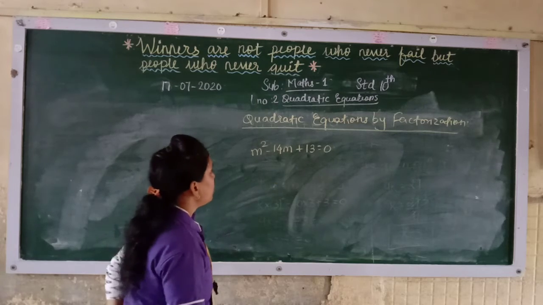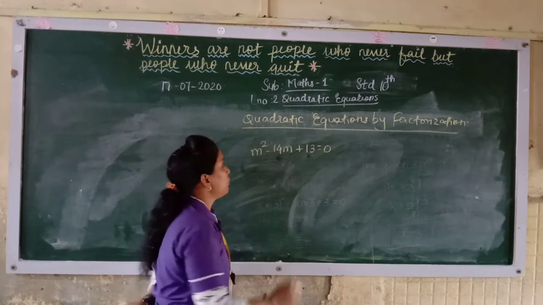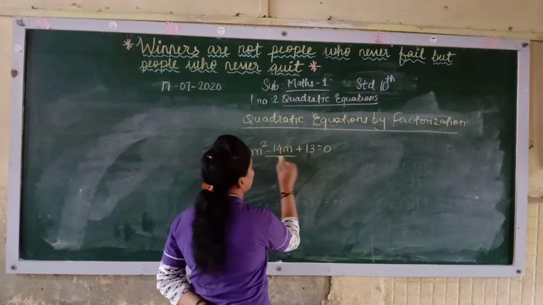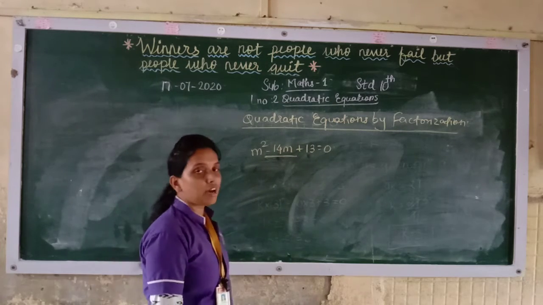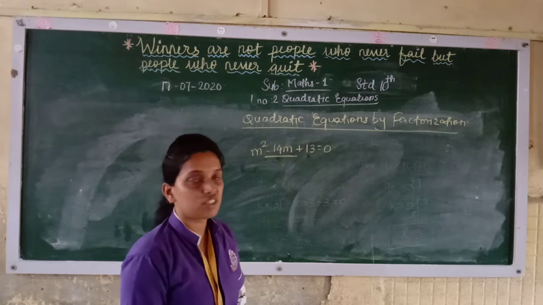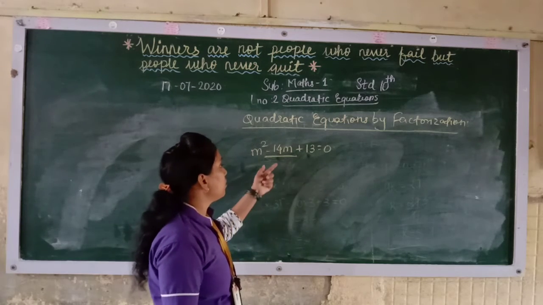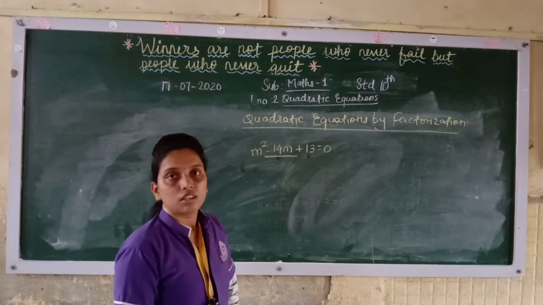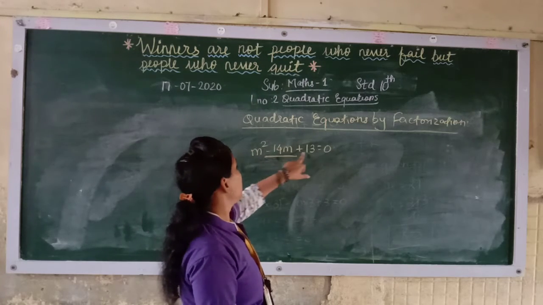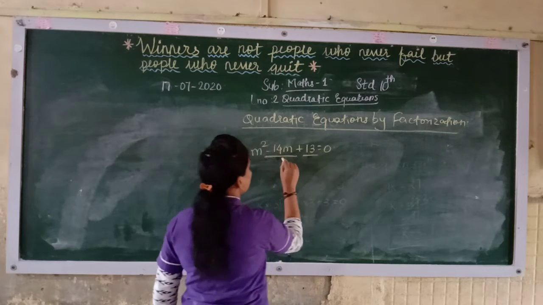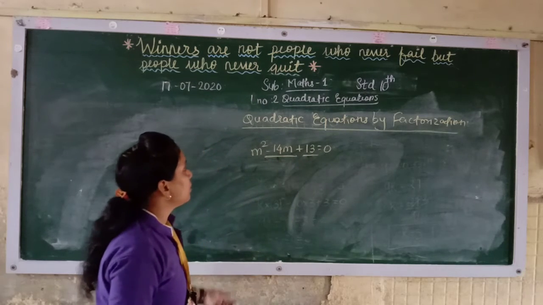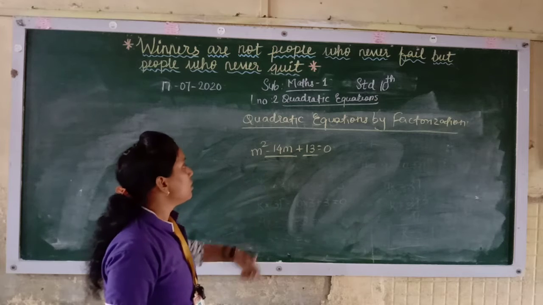Now see, the main thing here is the middle term. That is minus 14n. So you have to select two numbers such that if you multiply, you should get the last number, and if you add them, you should get minus 14.